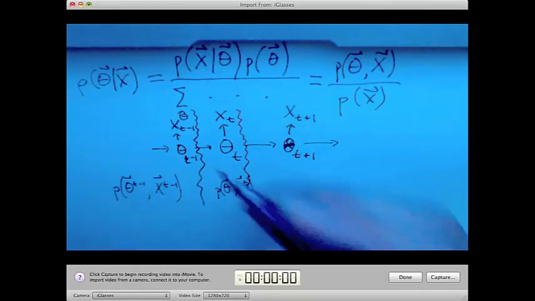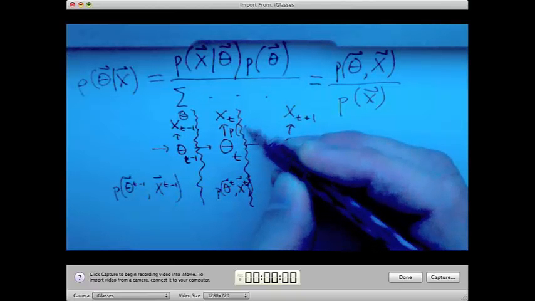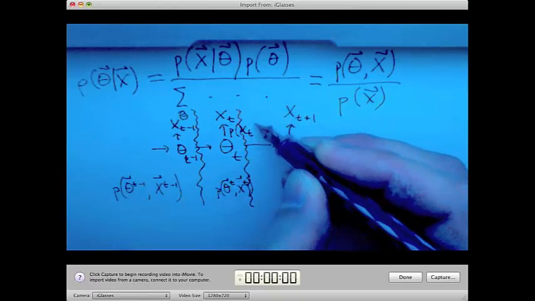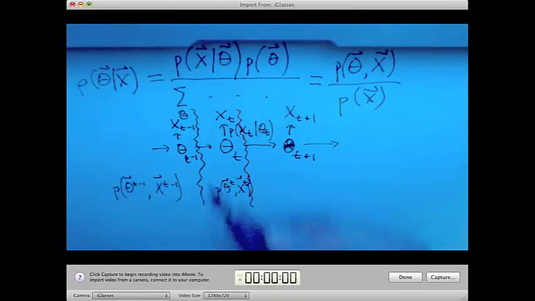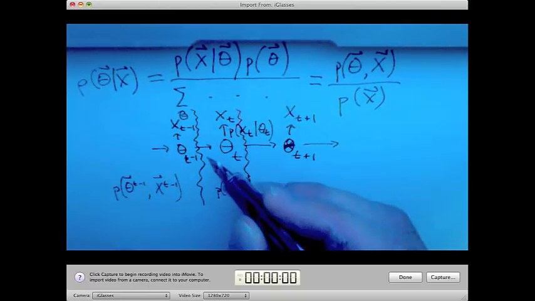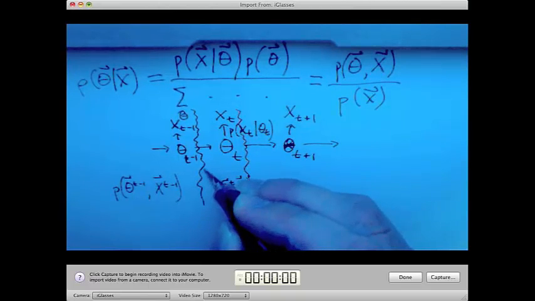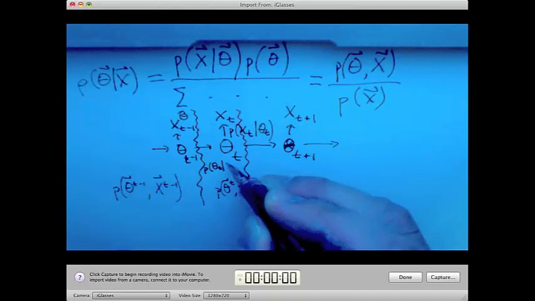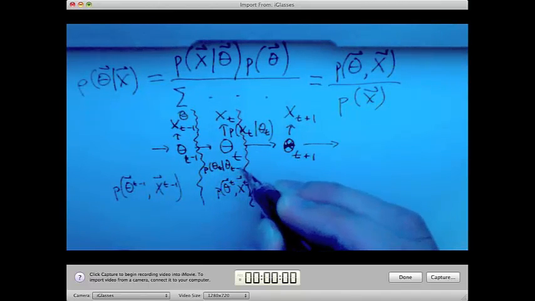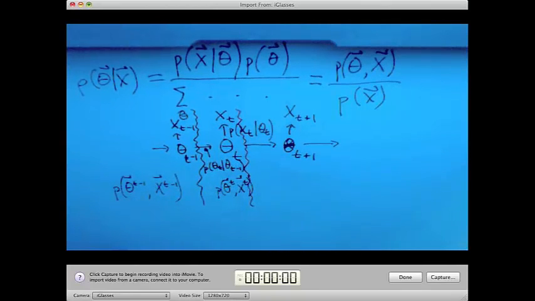So I can write down that is p of x t given theta t, and that transition right there, I'll just write where I've got a little bit more space here, p theta t given theta t minus 1. Basically is that edge right there. Okay?